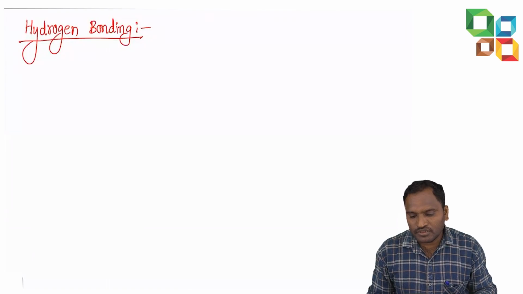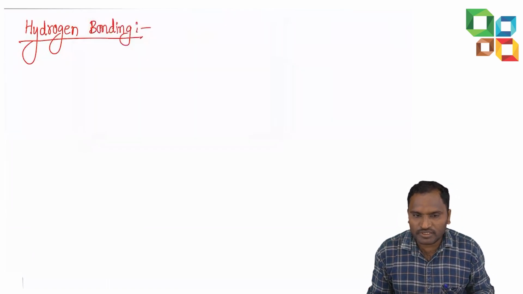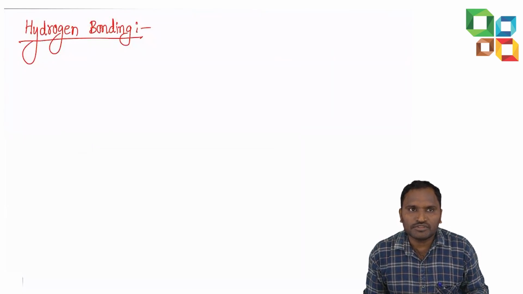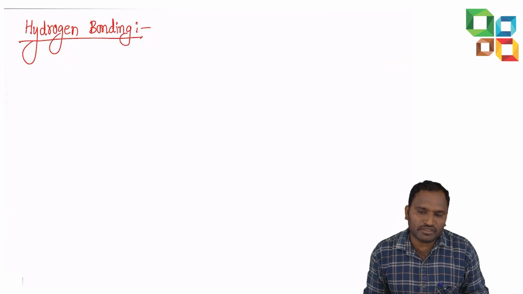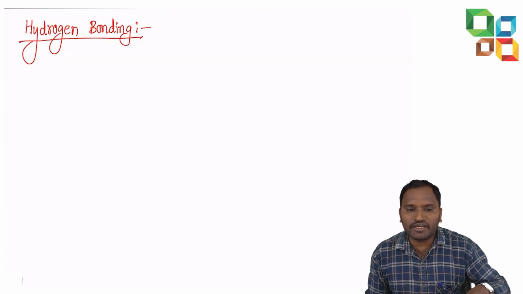Hydrogen bonding. What is hydrogen bonding? First I'll give the definition, students. Bond formed between hydrogen and highly electronegative elements like fluorine, oxygen, nitrogen is called hydrogen bonding.